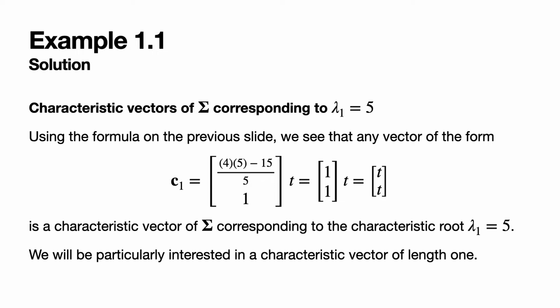So any vector of that form is a characteristic vector of cap sigma corresponding to the characteristic root lambda 1 equal to 5. Now that's an arbitrary or general characteristic vector of cap sigma corresponding to lambda 1 equal to 5. We're going to be particularly interested in a characteristic vector of length 1.